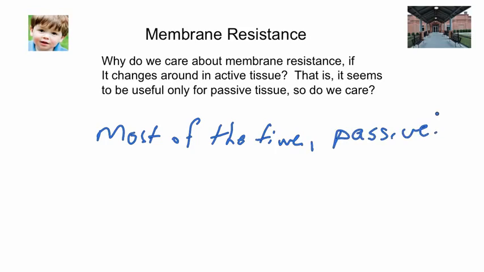So the value of resistance in the passive state is actually the value that the tissue has most of the time. So it turns out to be a very useful number. You just can't use that number all the time.